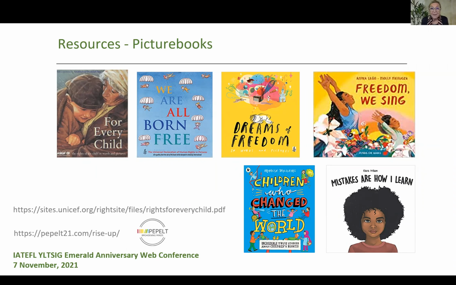The next one is, as you can probably guess, the cover is illustrated by Oliver Jeffers, and it contains 17 quotations about different aspects of freedom. And they are written in simplified English again. The quotations include people like Nelson Mandela, Martin Luther King, Harriet Tubman, the Dalai Lama, and Malala Yousafzai.